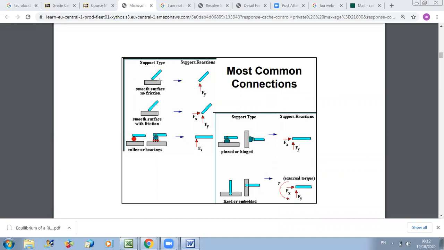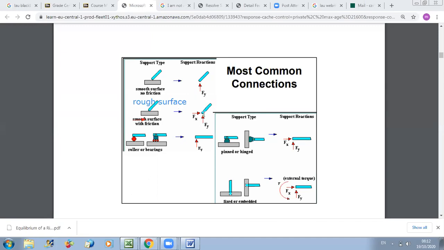Now, when they say rough surface, or surface with friction, this means that the surface will develop a friction force.